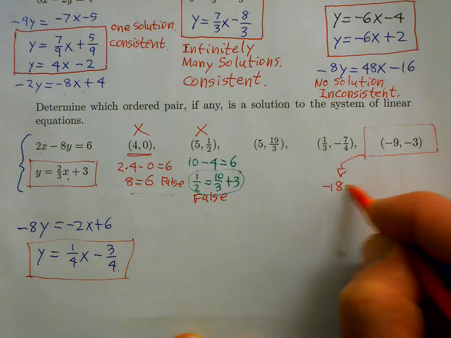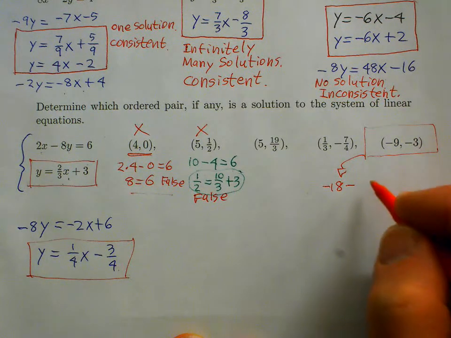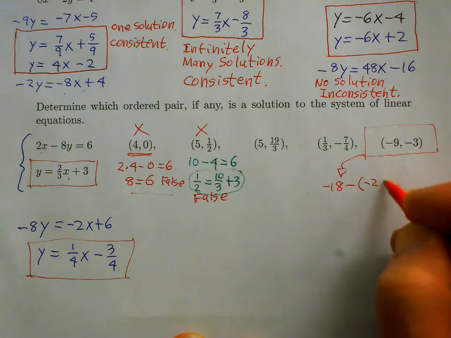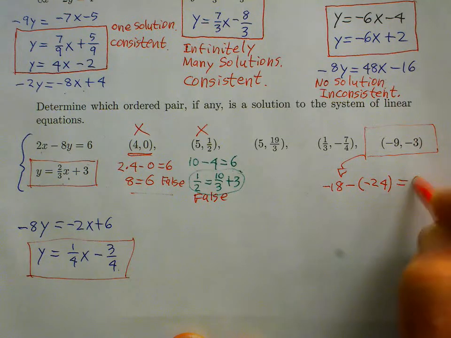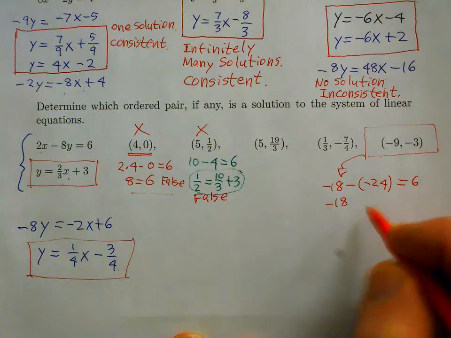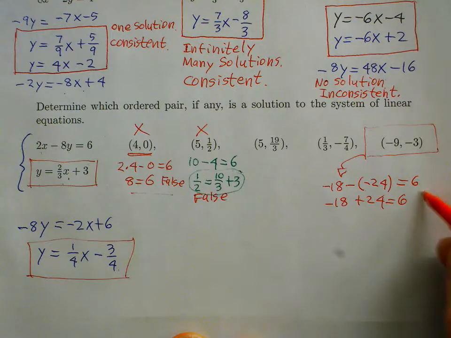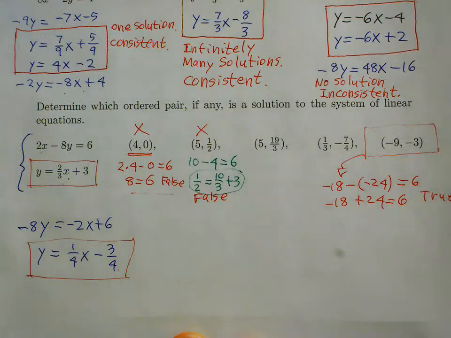And then minus 8 times negative 3 is minus negative 24 equals 6. This simplifies a little bit to negative 18 plus 24 equals 6. Okay, that's true for the top equation, but we also have to test the bottom equation.